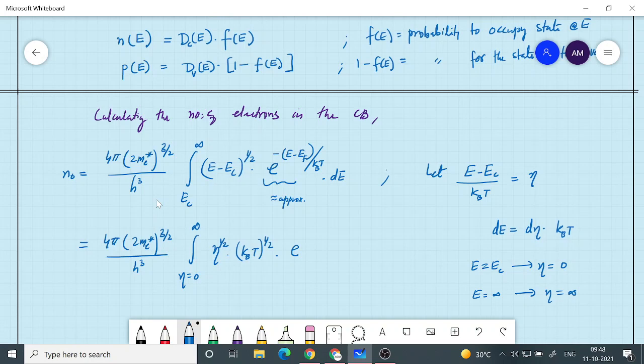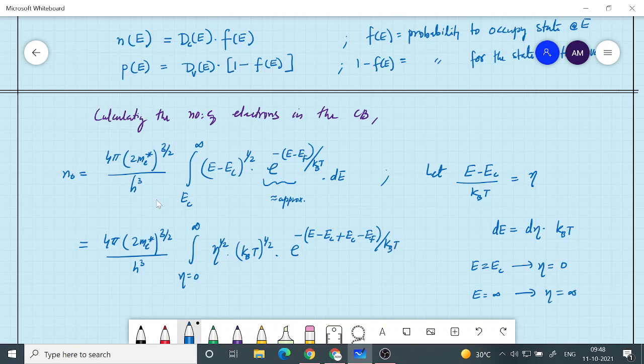Then here I need to do some manipulation. First of all, I have to add and subtract EC. So (E minus EC) plus EC minus EF by kBT.